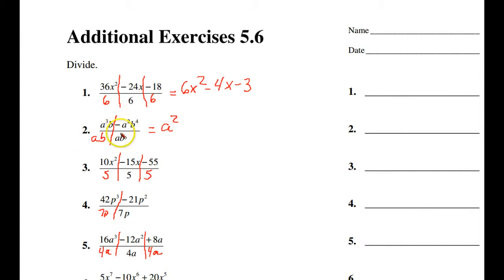The b's just cancel out. Don't forget the negative sign. A will go into there once, and b to the third. And here 5 will go into there twice. Watch the negative sign.